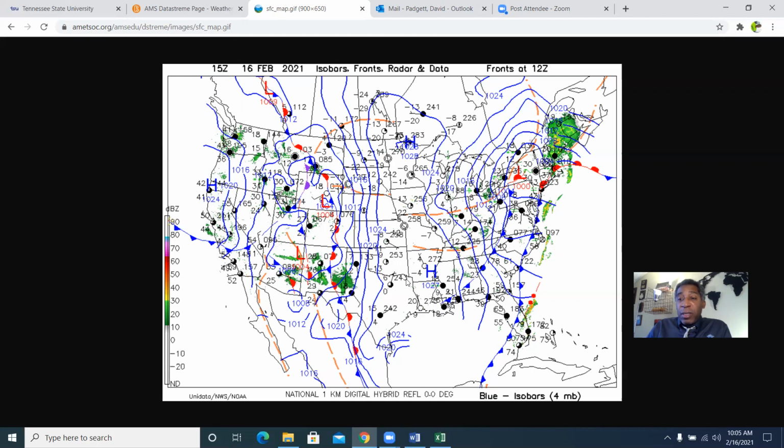frontal system is affecting Nashville, Tennessee, then the arrows point in the direction that the air is moving, that this cold air is moving from north to south. And notice how far south these cold fronts are.